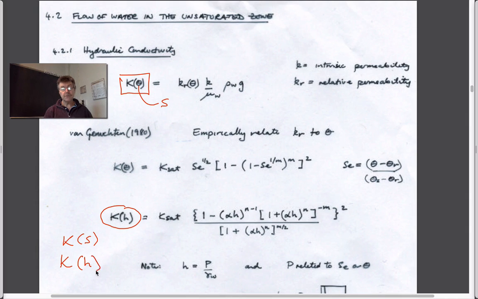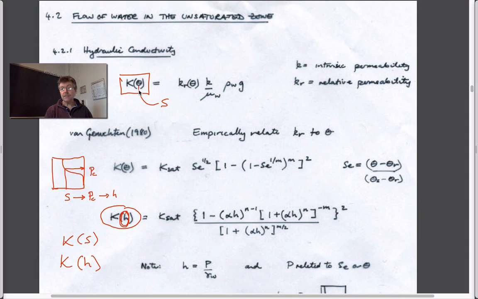Since we know that relative permeability is related to saturation, and saturation is also related to capillary pressure, which is also related to head, this term here might seem strange, that you're relating the relative permeability to head rather than to volumetric moisture content.